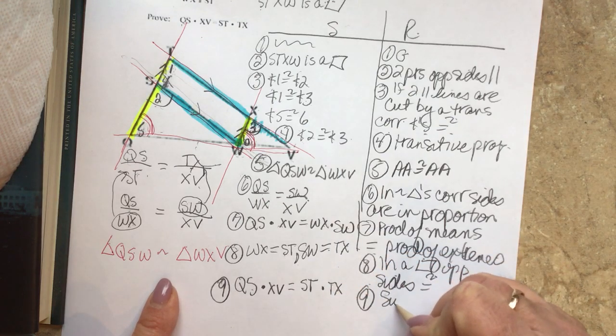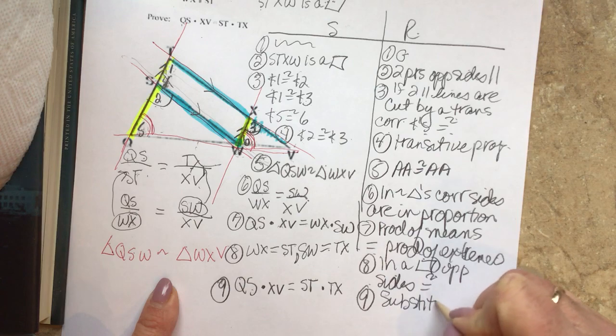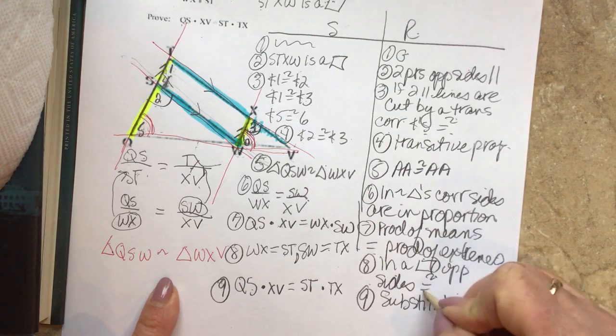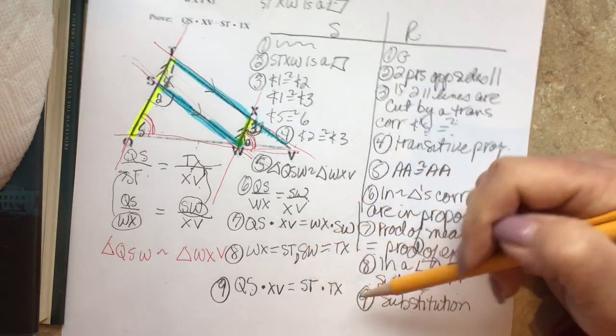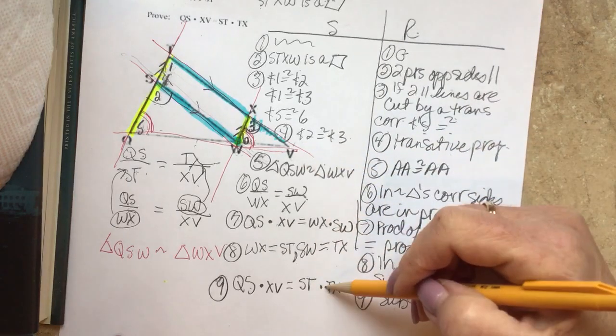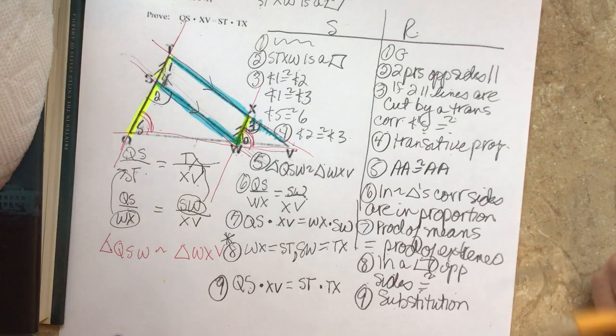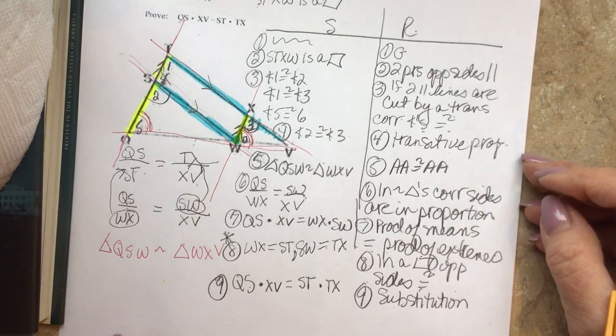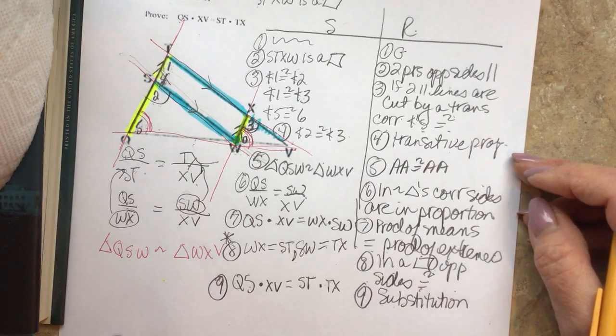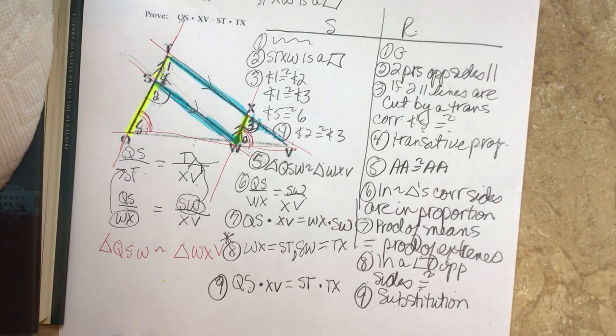And that is substitution. There's a couple different places where you could have done the substitution, but before you do the substitution, you must say that the opposite sides are congruent to each other. So you might want to take a look at this one again, because it was pretty tricky. Okay, so that's the end of 11.7.